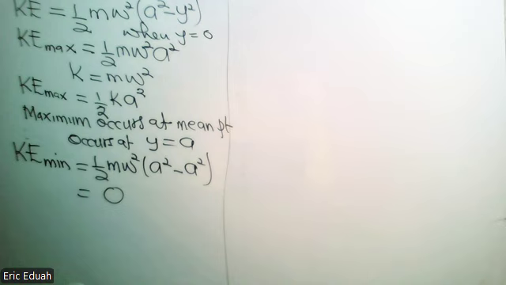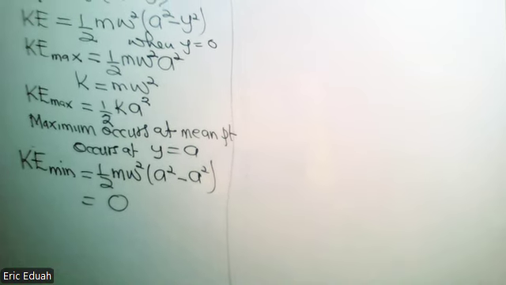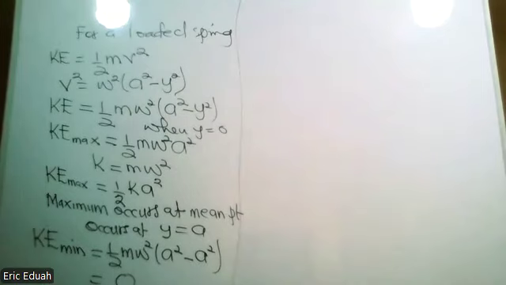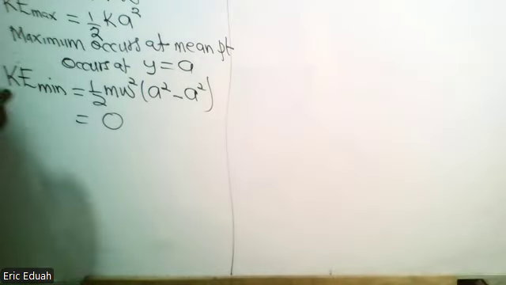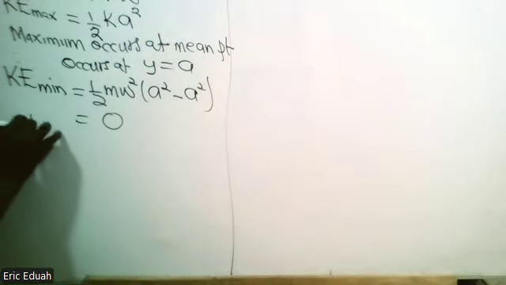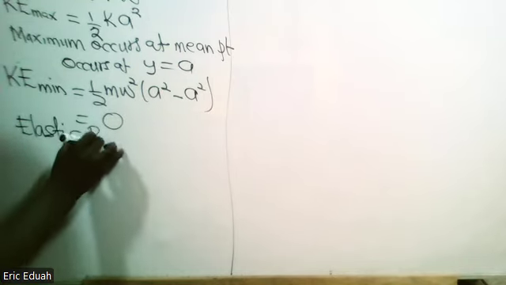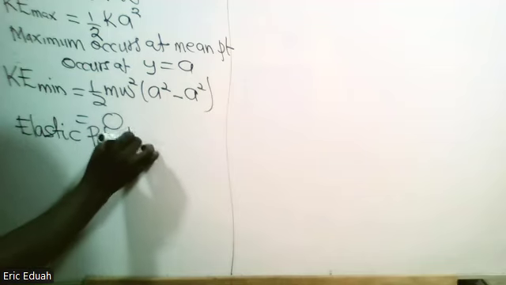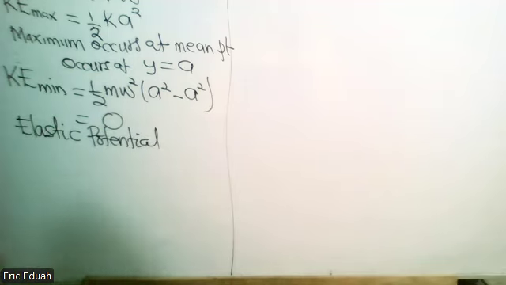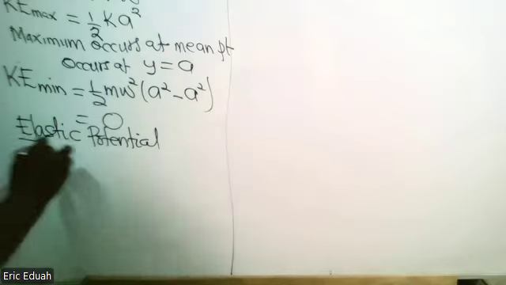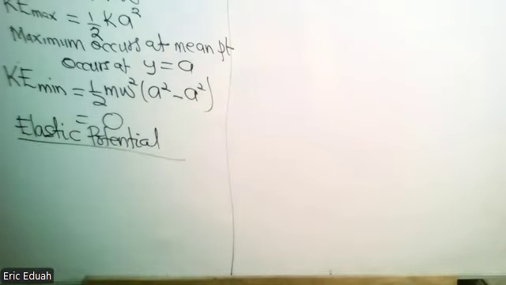Then we look at potential energy. But here for springs, we're talking about elastic potential energy. Gravitational potential energy applies to a simple pendulum.